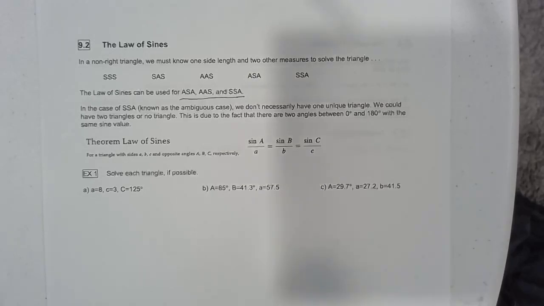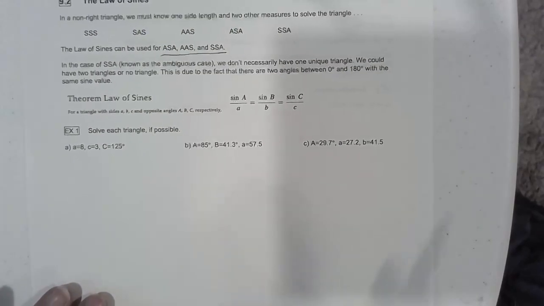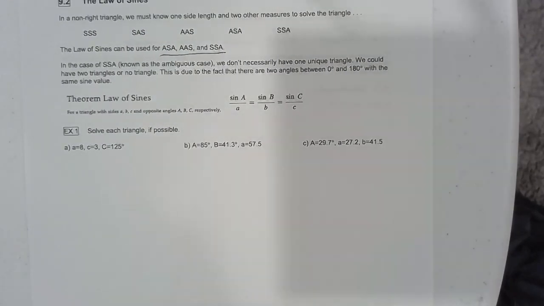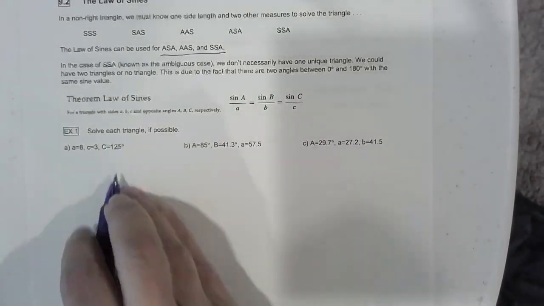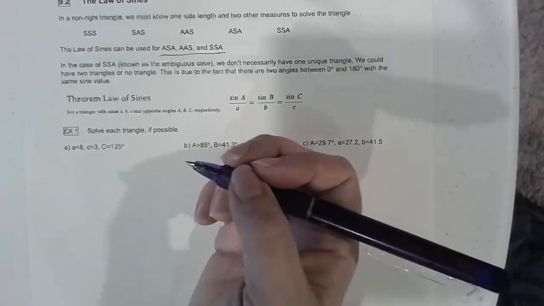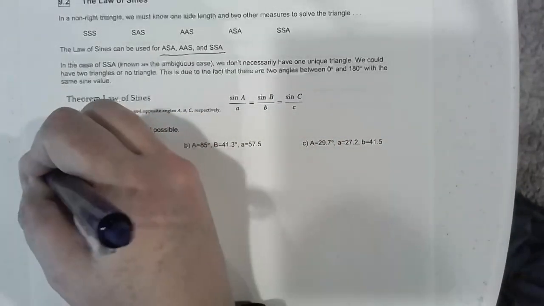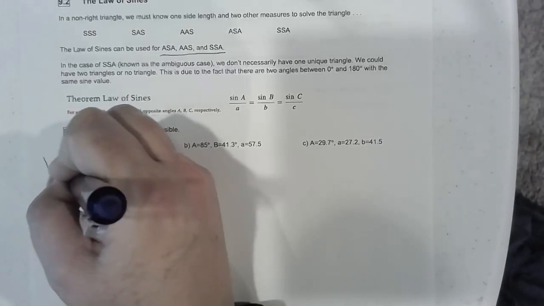So when it says solve the triangle if possible, I suggest drawing a picture. It does not have to be to scale. So when you're labeling things, it may not look like what the angle measure says, and that's okay. So here, the given angle is 125, so I'll at least try to make it look like an obtuse angle.